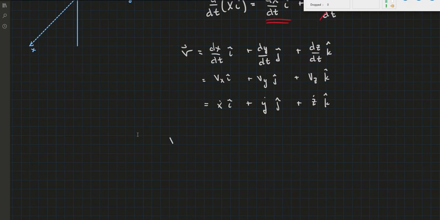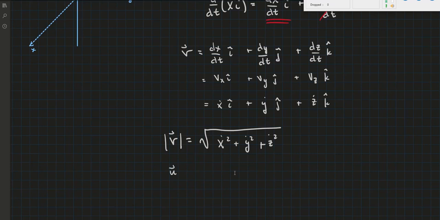Again, here we can define a magnitude, which is the square root of x dot squared plus y dot squared plus z dot squared, or whichever coefficient you want to take and square in there, however you want to write that. And then we have a unit vector, which is v over the magnitude of v.